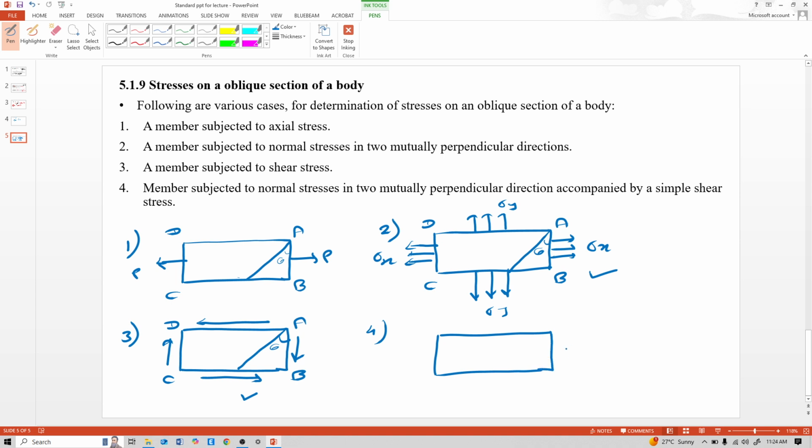These are all cases for determination of stresses on an oblique section of a body. That means here normal stress and tangential stress are developed. So we develop these stresses by using all those cases.